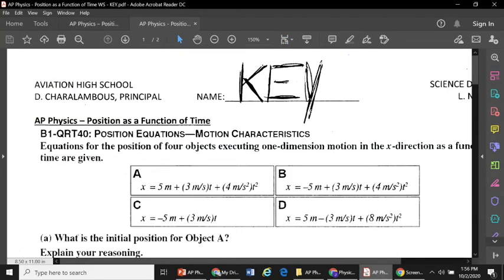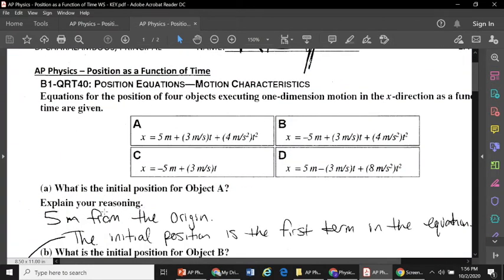So part A, in a pretty straightforward way, just said, what is the initial position for object A? The initial position for object A is 5 meters. Question, of course, asks you to explain your reasoning. It's not that complicated. The initial position is the first term in the equation. That's it. It's pretty straightforward.